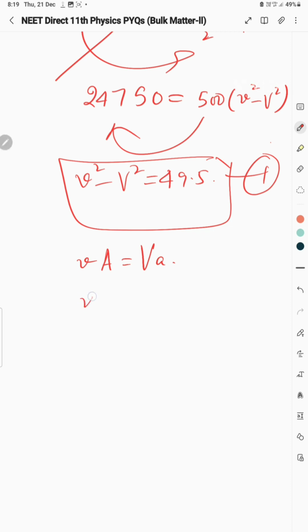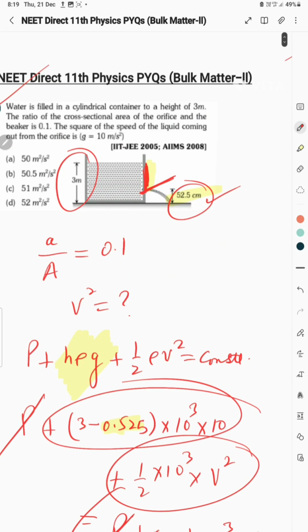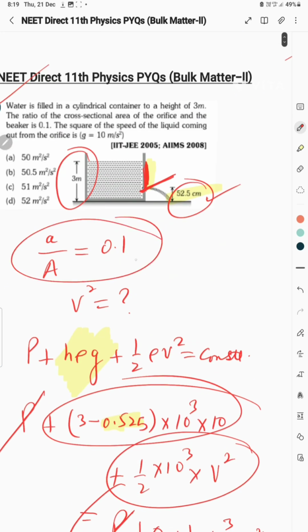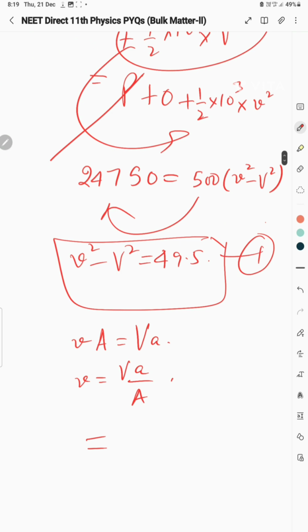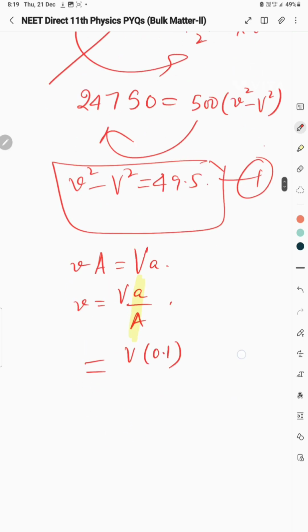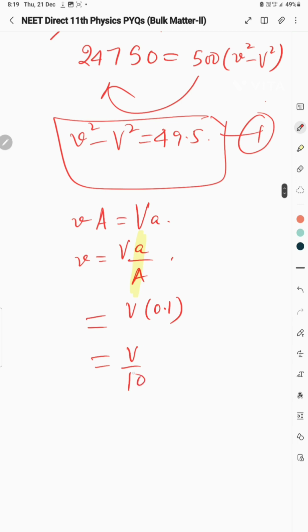And here this V is having this value. Check it out. It is given small a by capital A is 0.1. So here small a by capital A is 0.1. So it's V into 0.1. That is V by 10 is small v.